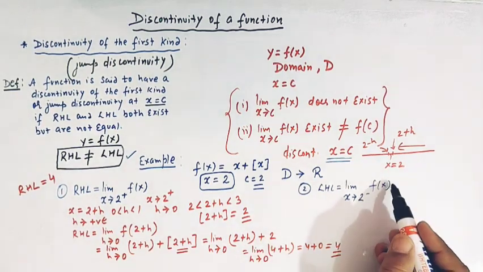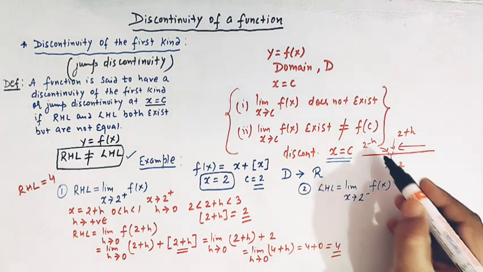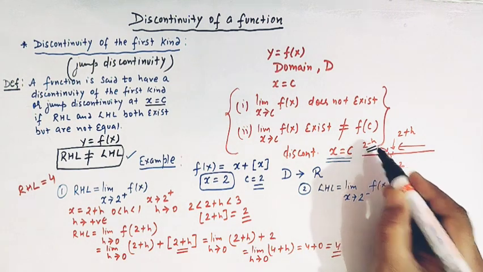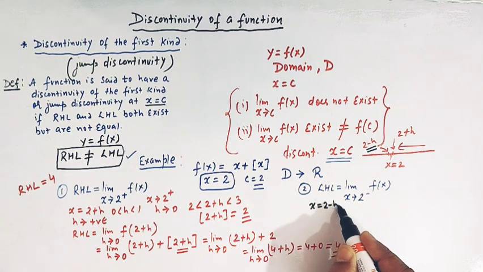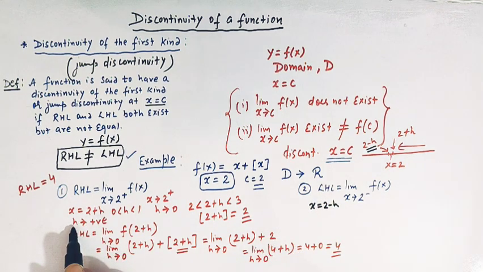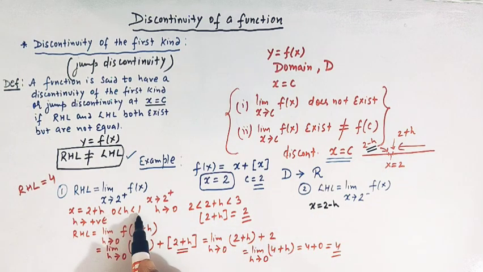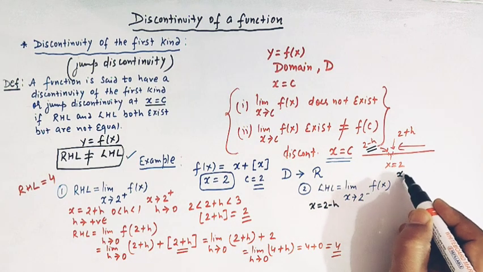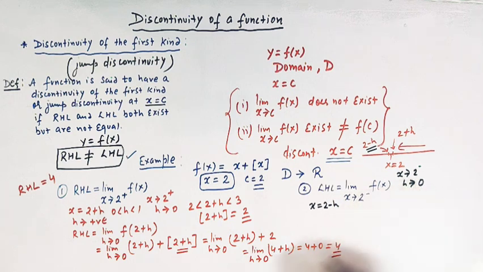Now let us find out the left hand limit. Here we'll take the point 2 minus h, so x equals 2 minus h. Obviously h is a positive quantity, h lies between 0 and 1, and h is infinitesimally small. When x tends to 2, h tends to 0.